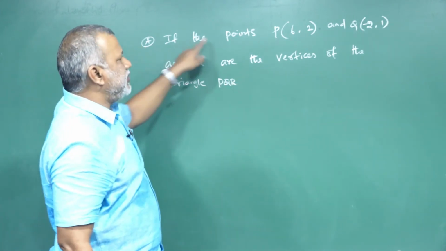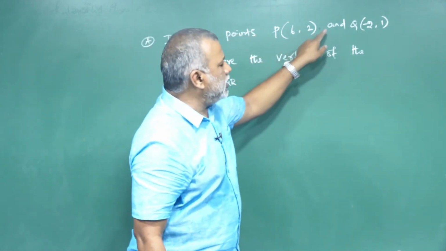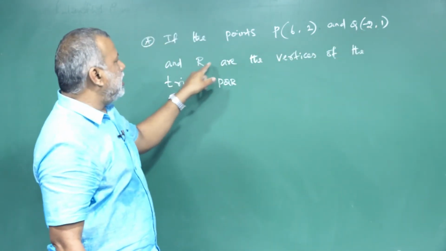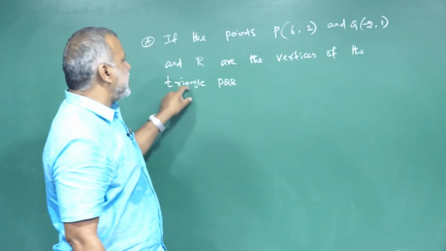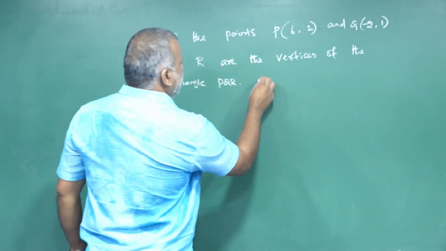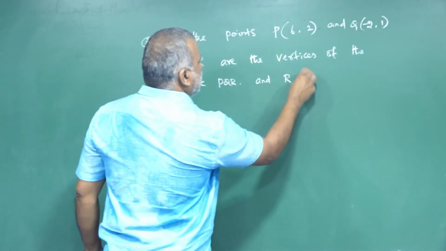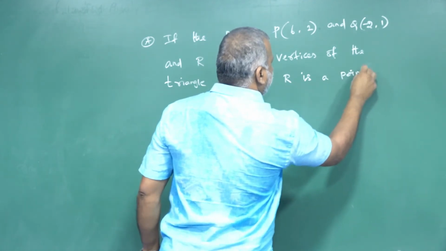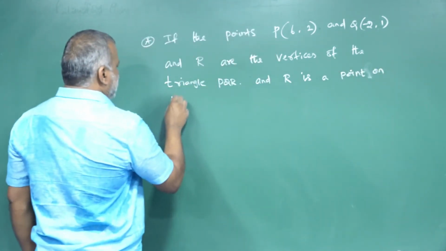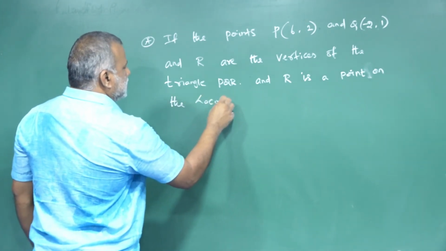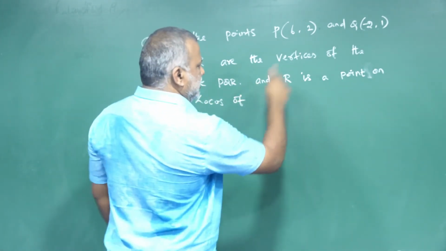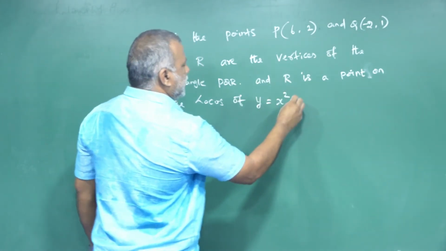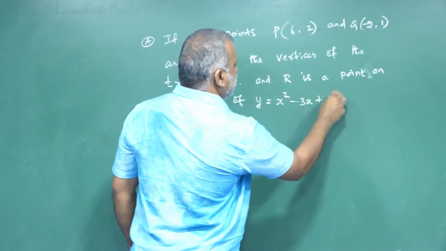Once again listen. If the points P of 6, 2 and Q of minus 2, 1 and R are the vertices of the triangle PQR, and R is a point on the locus y equal to x squared minus 3x plus 4.